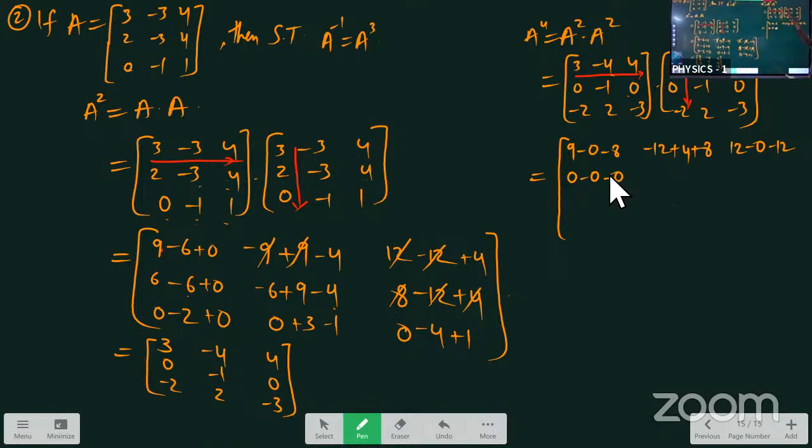Next, second row, second column: 0 into minus 4, 0; minus 1 into minus 1, plus 1 it will be; 0 into anything, 0, plus 0.